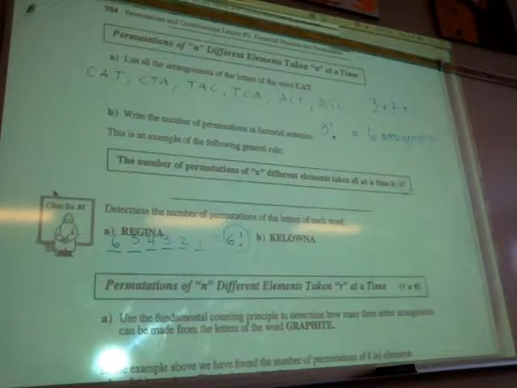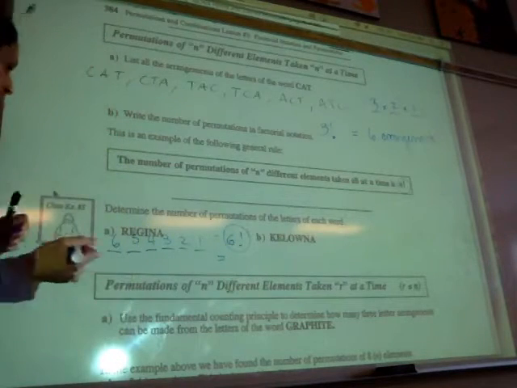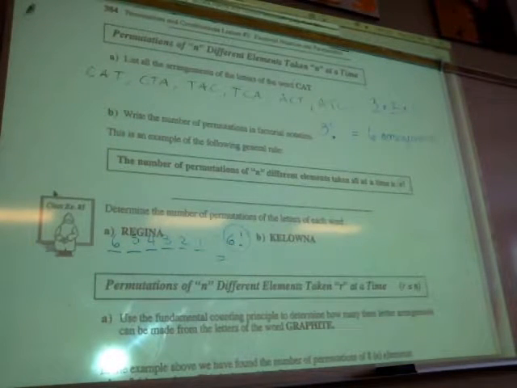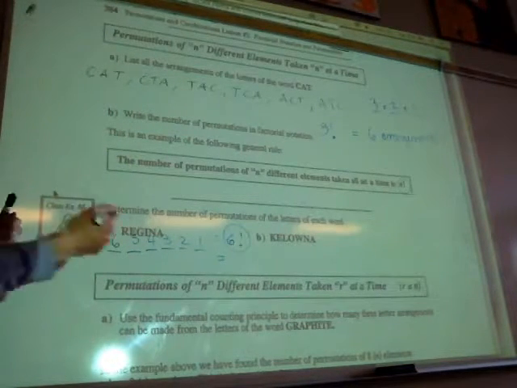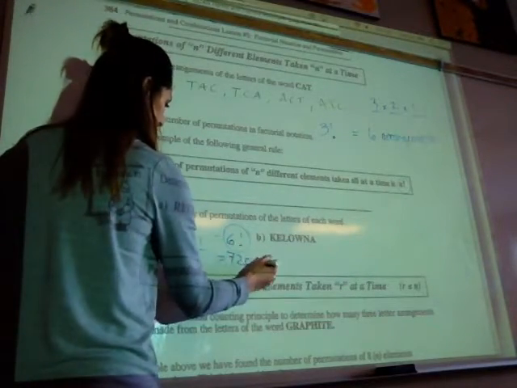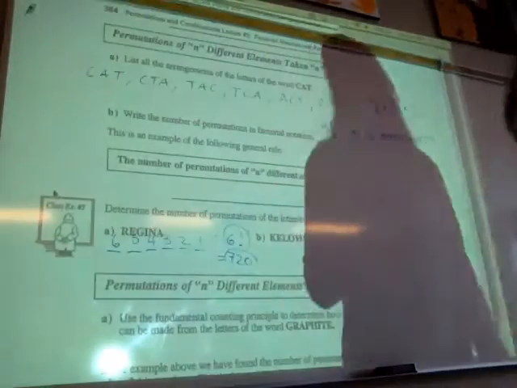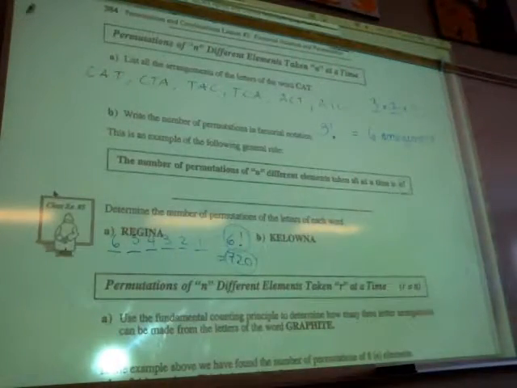Okay, what is the value of 6 factorial? Practice using your factorial button. What do we get? 720. So there's 720 permutations. Kelowna, how many letters do we have? 7.